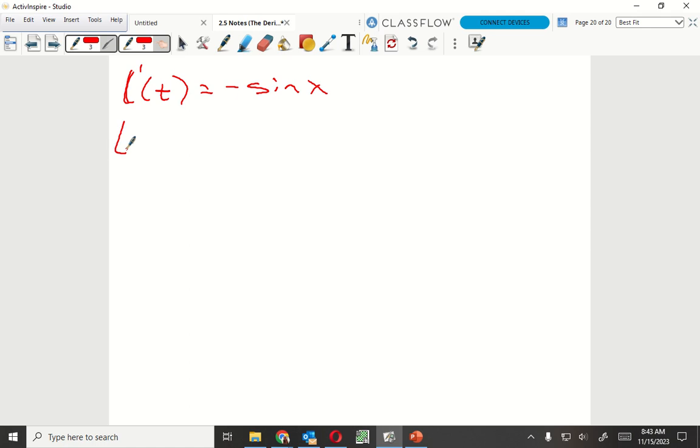So the derivative, L double prime of t. What is the derivative of negative sine? Use the circle. Negative cosine.